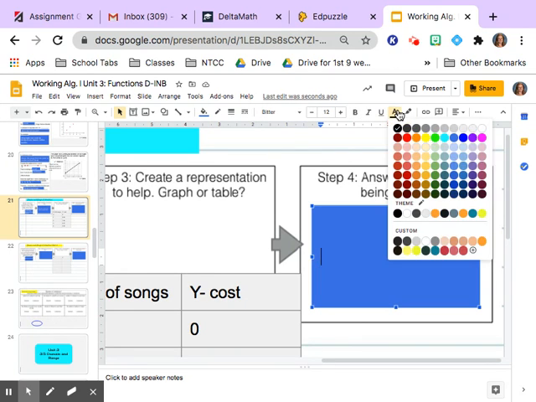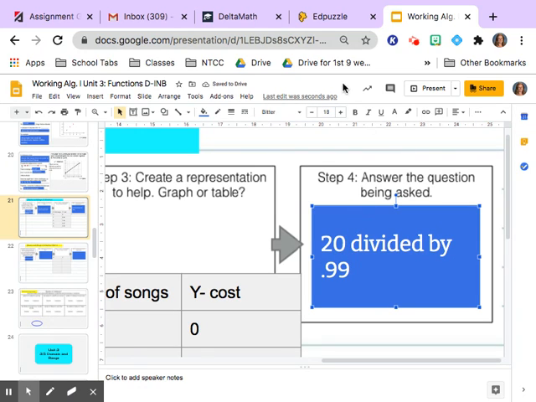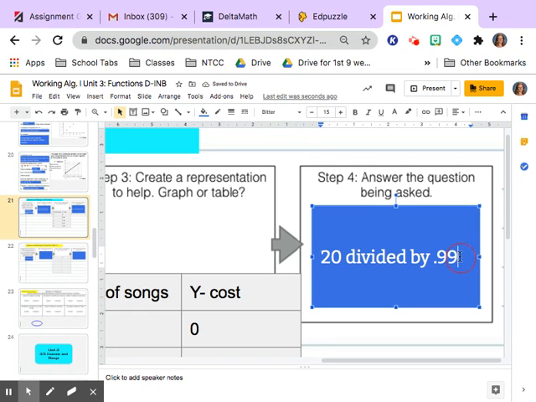Why are we dividing? Because what? Yeah. 20 divided by 99 cents. And what does that equal? Go ahead and divide it.